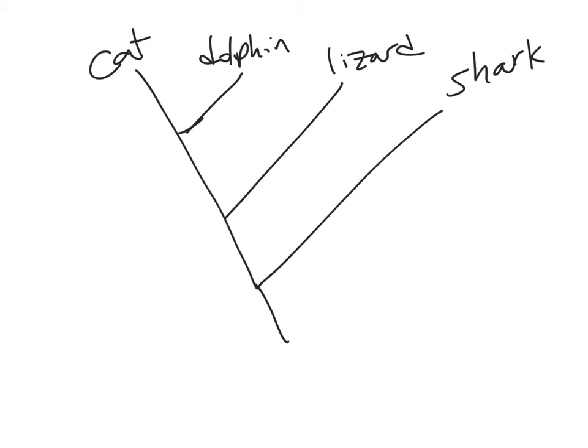Who is more closely related to the lizard? Lizards and dolphins, or lizards and sharks? Which species are more closely related to each other? Measure branch lengths that separate the two species that I'm asking about.